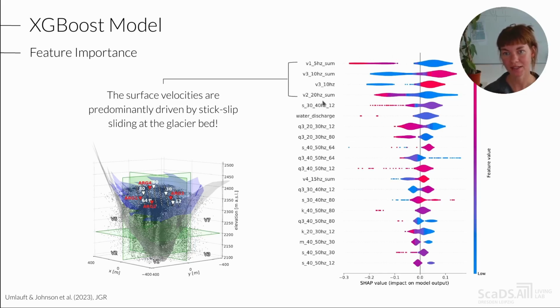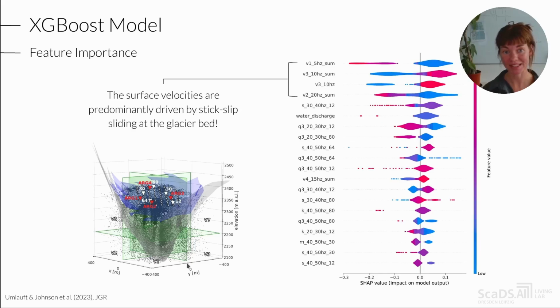In the upper part, you have these V1, V3, and V2 features, probably kind of cryptic now, but they stand for the beamforming, the match fit processing features, meaning V1 would represent source locations in voxel 1, here at the bottom of the glacier, at a frequency of 5 Hertz, as a sum of all the sources that are captured within this voxel. And you can see V1, V3, and V2 are all bottom voxels.